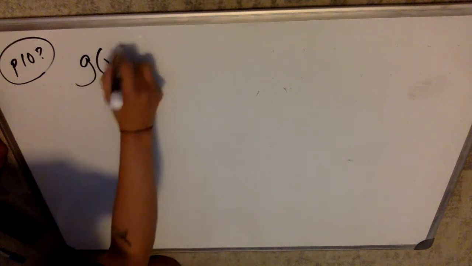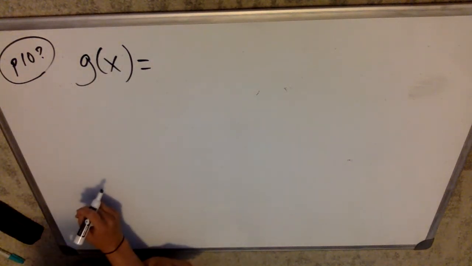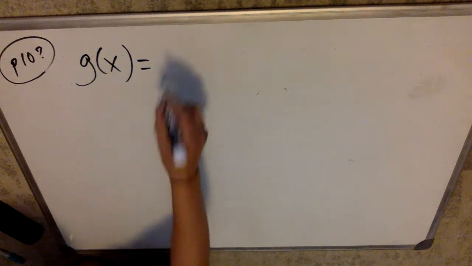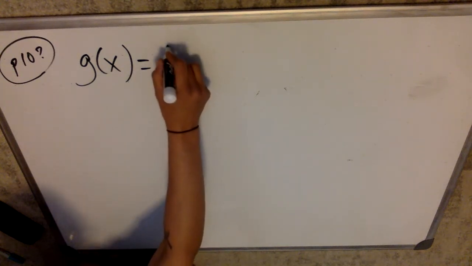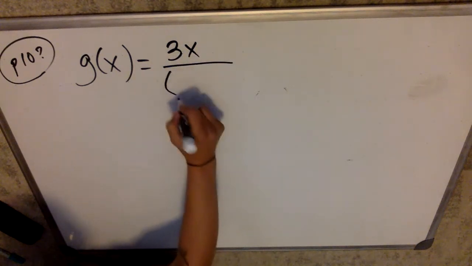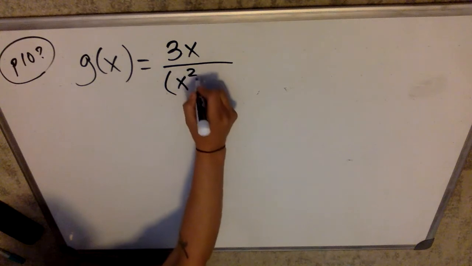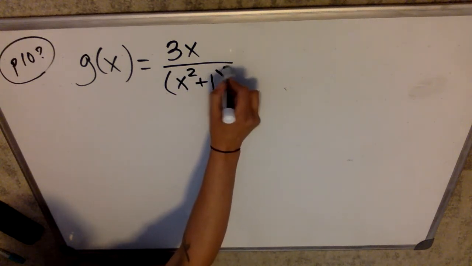Let's do g of x equals 3x over x squared plus 1 to the third.